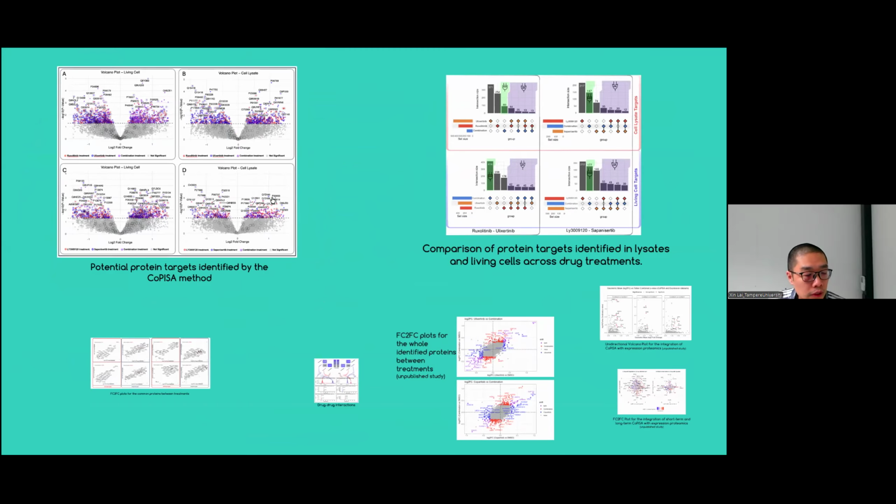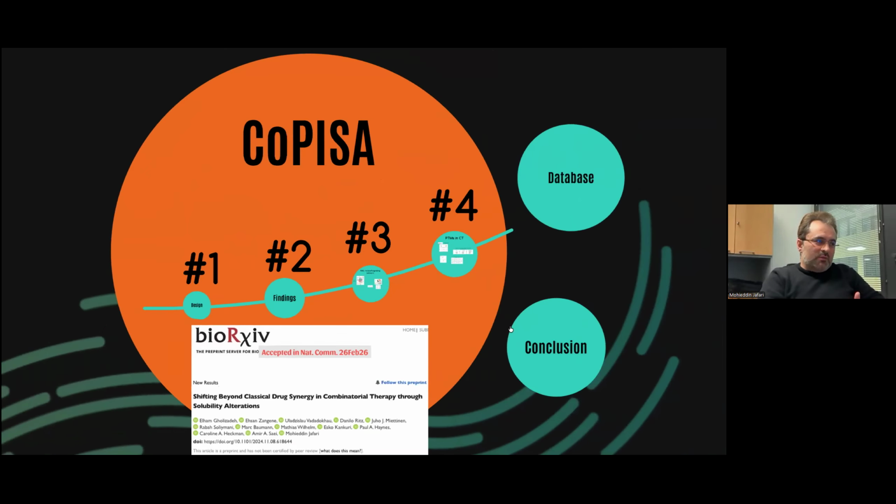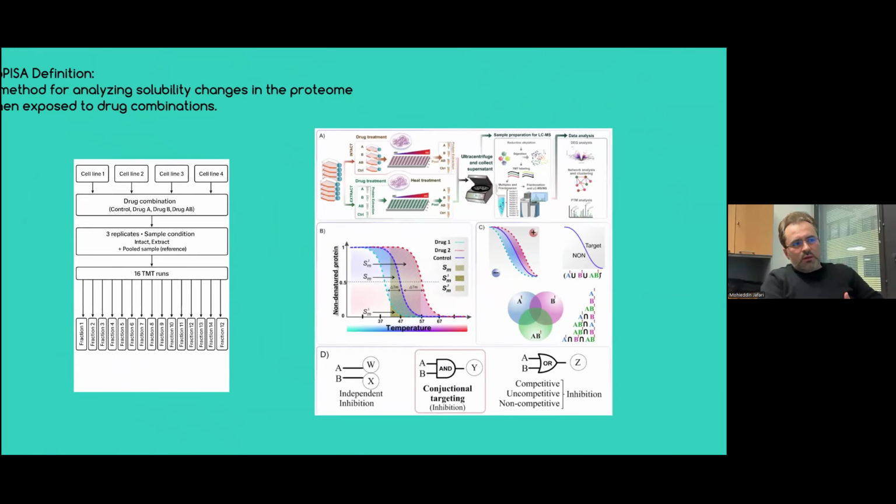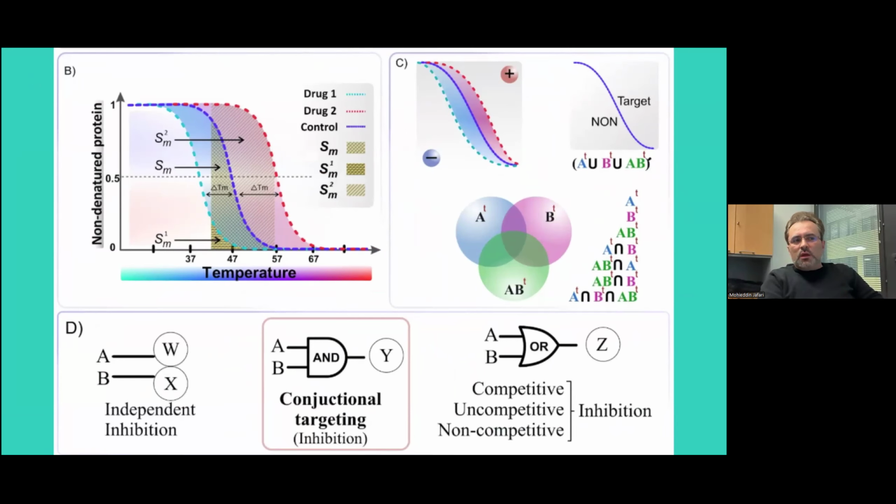Actually, the AND gate idea comes from the assumption that we have. You see this eight-case diagram here. There might be some targets specific for drug A, some targets specific for drug B, and if there are some targets specific for AB, not for A and B alone, only in the case of AB, then we concluded that would be an AND gate. There might be some common target between A and B, or AB and A, or AB and B, or all three treatments, but these could be related to an OR gate.